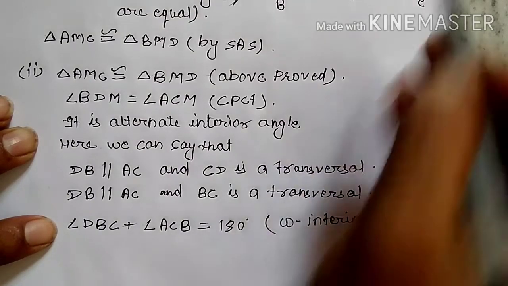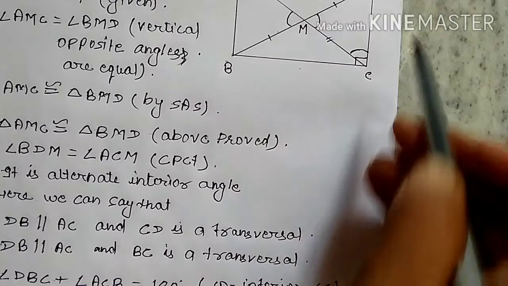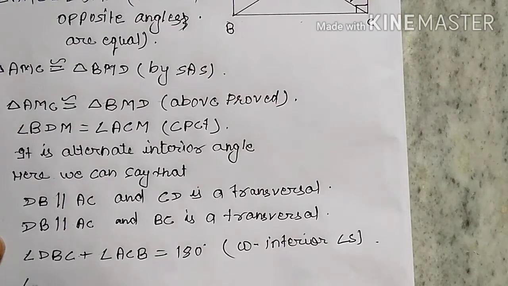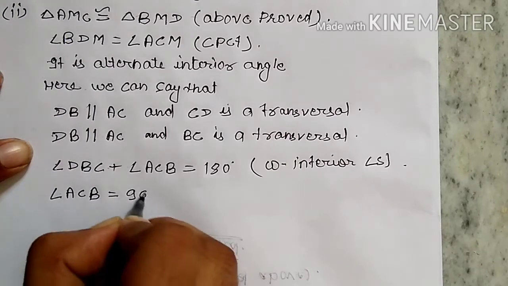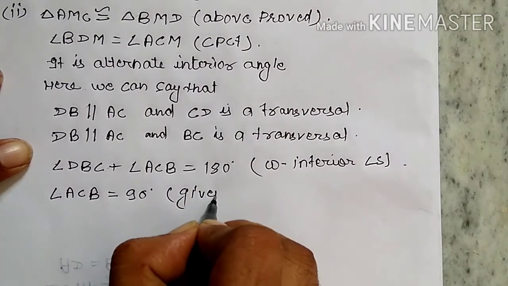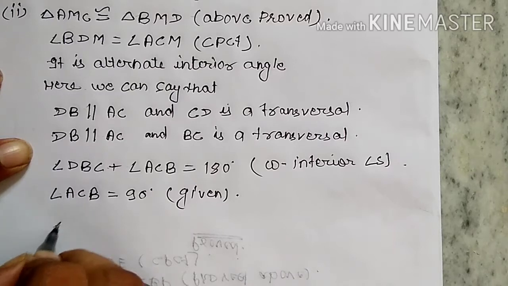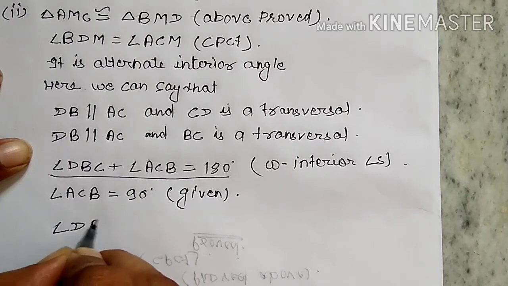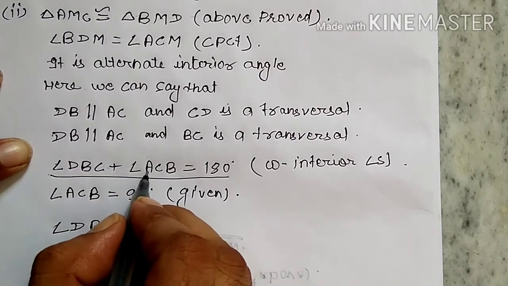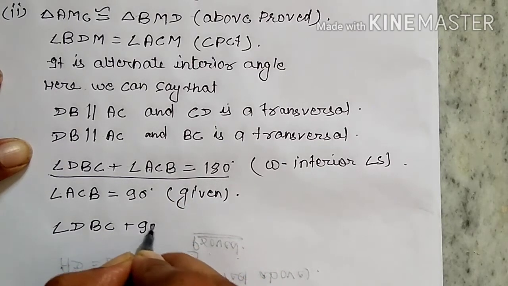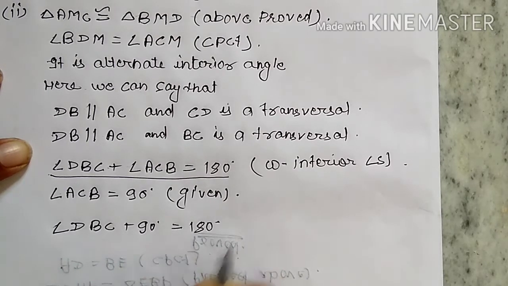And the value of angle ACB is 90 degrees, given in the question. So angle DBC plus, in place of angle ACB we can put the value 90 degrees, is equal to 180 degrees.